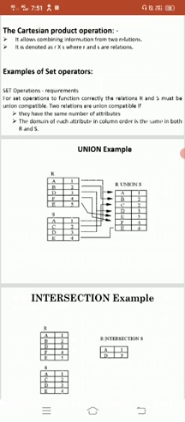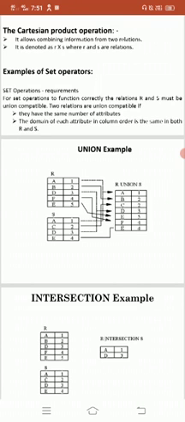The select operation selects tuples that satisfy a given predicate or condition. It is a unary operation defined on a single relation, denoted by the sigma symbol. The project operation returns its argument relation with certain attributes left out, and it is denoted by the pi symbol.